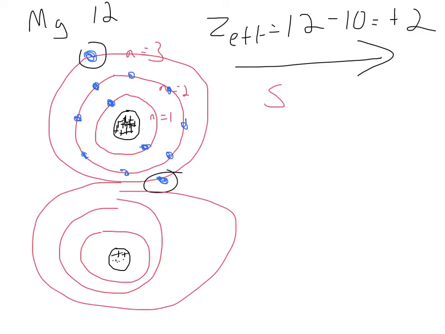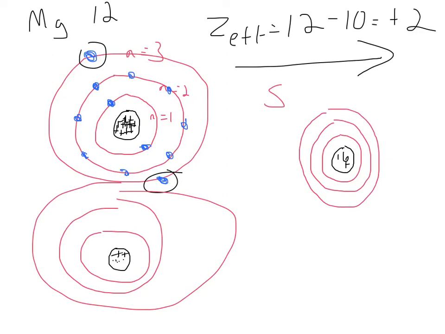So let's draw sulfur. We're going to have our 16 positive charges in the nucleus, and then we can draw our electron shells: n equals 1, n equals 2, and n equals 3. You'll notice I drew it a lot smaller because we have 2 electrons in the n equals 1, 8 in the n equals 2, and then 6 more electrons that go into the n equals 3.